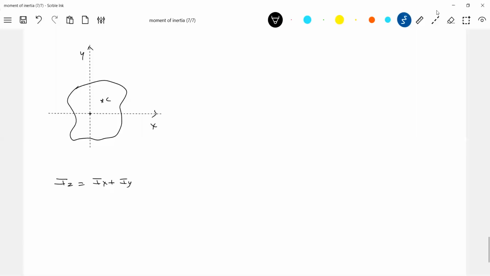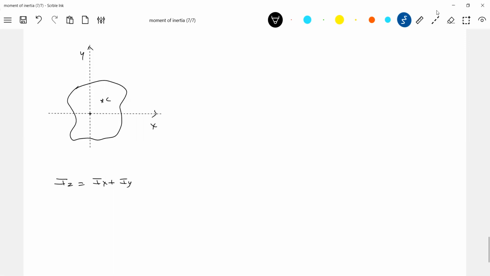Then the moment of inertia about axis perpendicular to plane of the rigid body, plane of lamina, is equal to sum of moment of inertia about axes that are lying in the plane of lamina, or that are oriented along the plane of lamina. So this is what the perpendicular axis theorem says here.